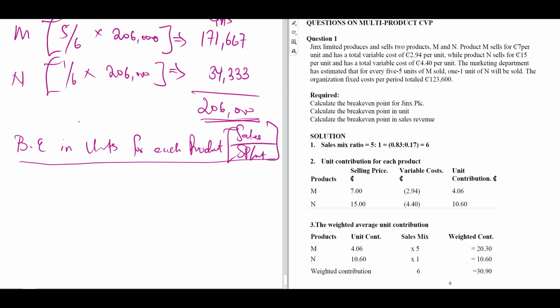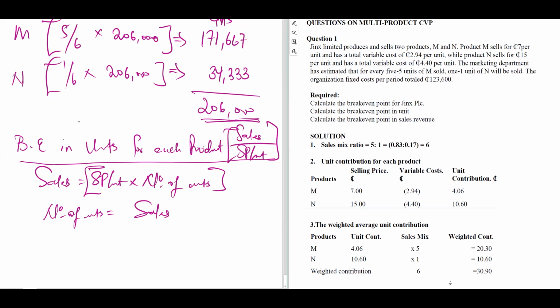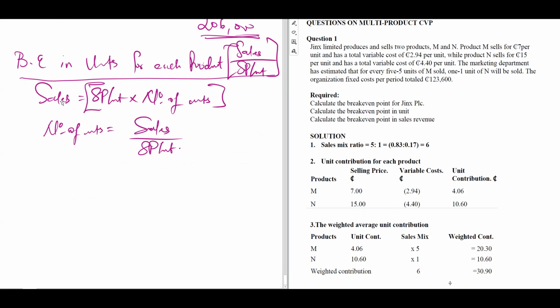Because we know that the sales is equal to our selling price per unit times the number of units. So if you want to get a number of units, don't I take the sales and divide by the selling price per unit? True or false? True.